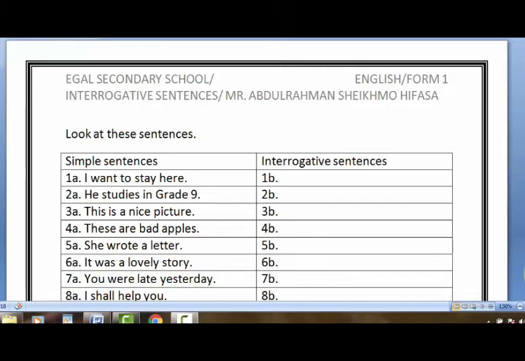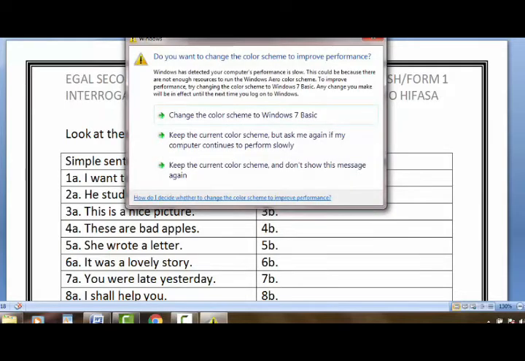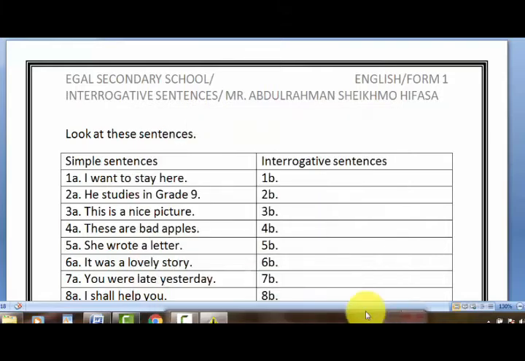But today we are transferring those verb to be, or has or have, or modal auxiliary to the next stage, at the starting point, and we end the sentence with a question mark.